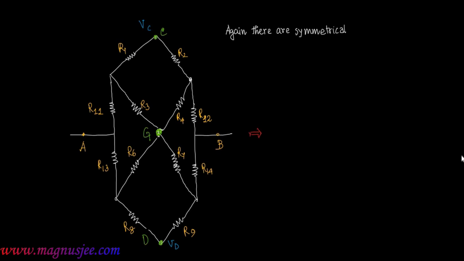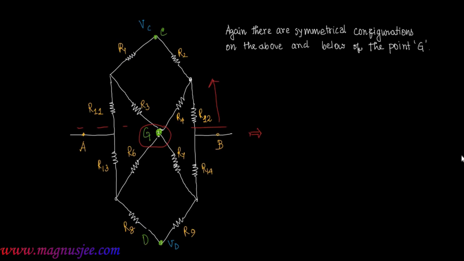Again, there are symmetrical configurations above and below the point G. With respect to the point G, the configuration above the point G and the configuration below the point G are symmetrical.